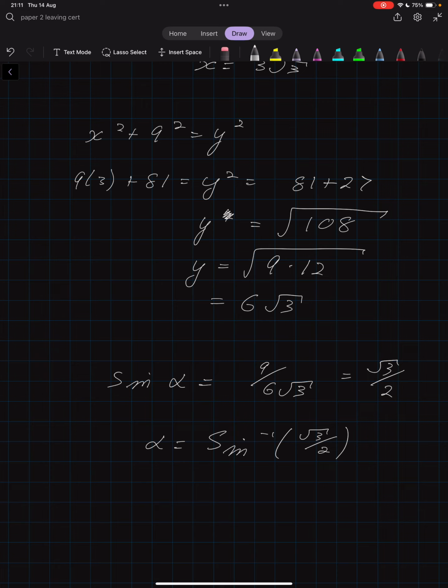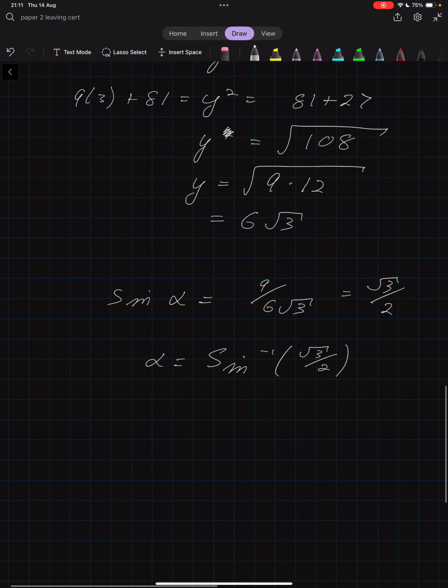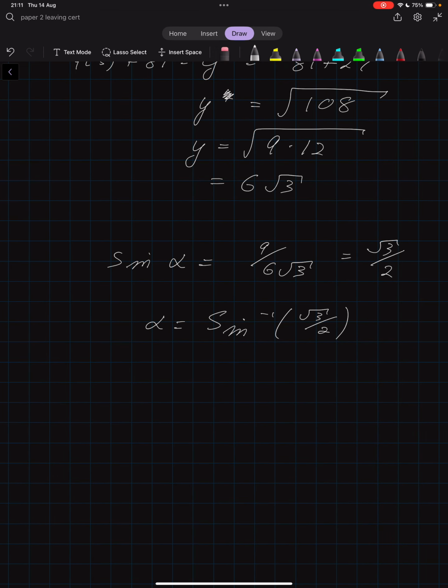Okay? So I'm pretty sure I covered that before. I'm not actually sure what chapter I covered it in, but I'm pretty sure I covered why sine goes from this to this. Basically, sine minus 1 is sine inverse. So, sorry, I'm going to just take a step back, just in case I haven't explained, because it's definitely been a while since I've done the inverse of sine. So, you get the sine of alpha is equal to root 3 over 2.